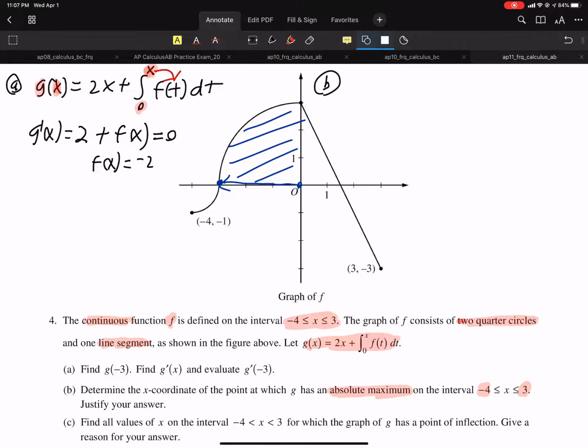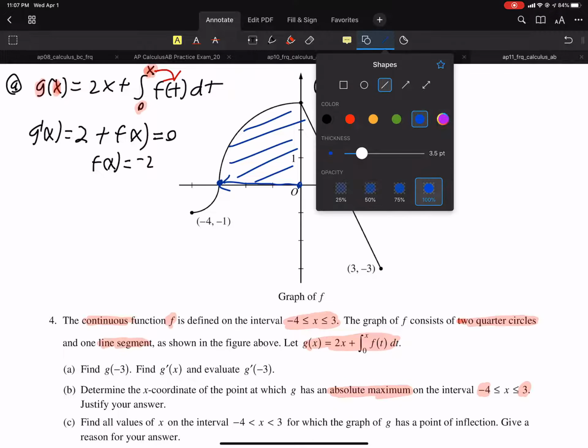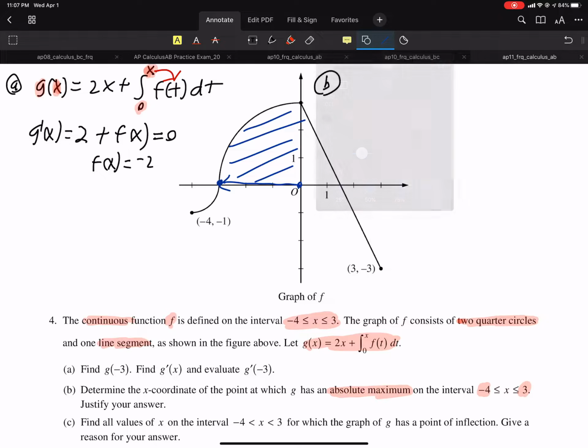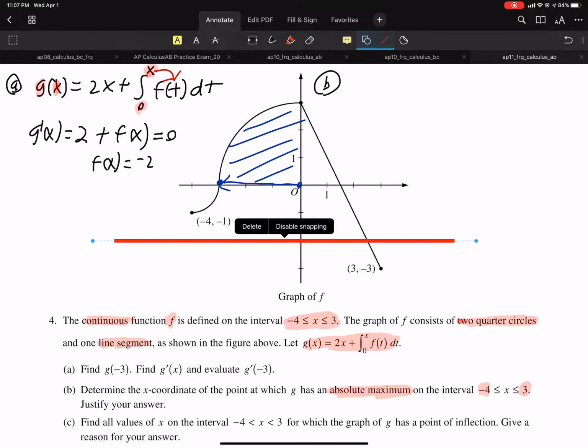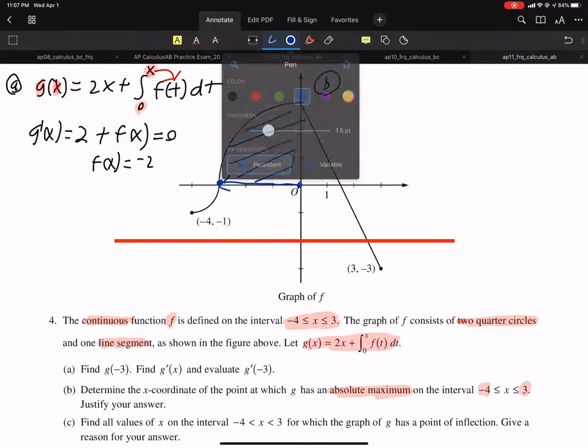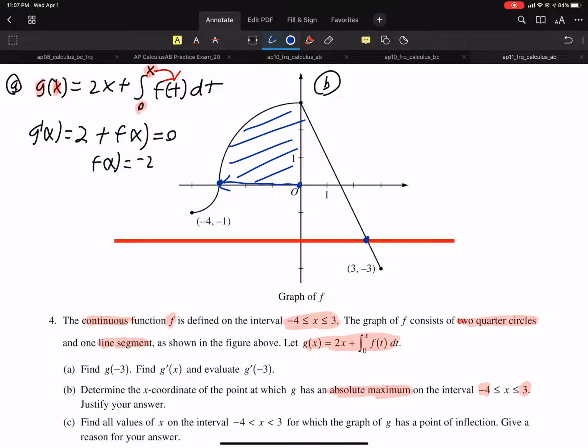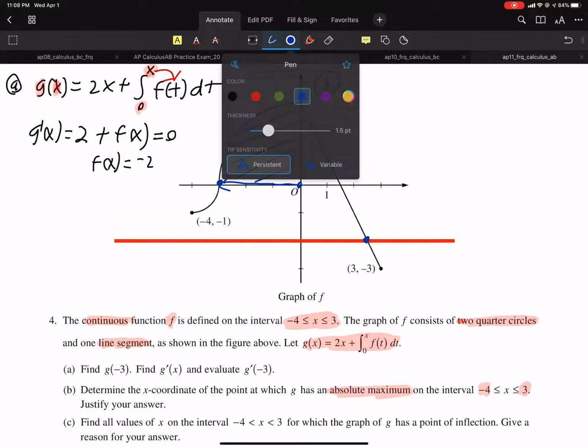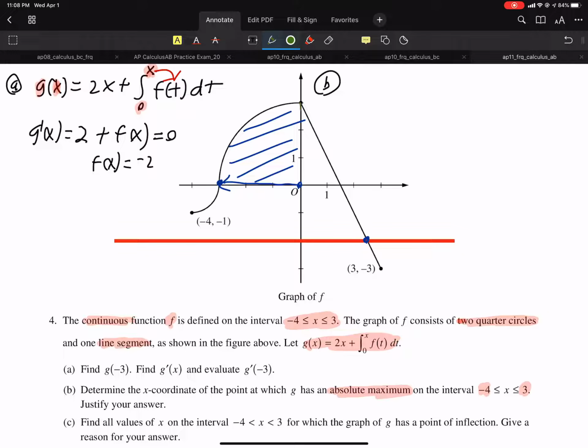Let me show you. Let's do this in red. -2 is right there. So that occurs right there. So what we need to look at is the slope of this line. If you look, there's your rise, there's your run, but that's kind of in between.